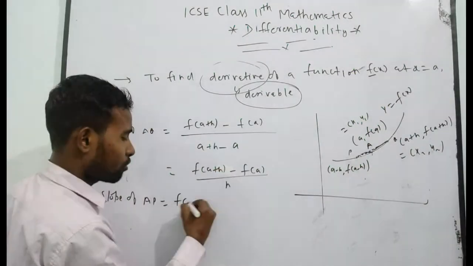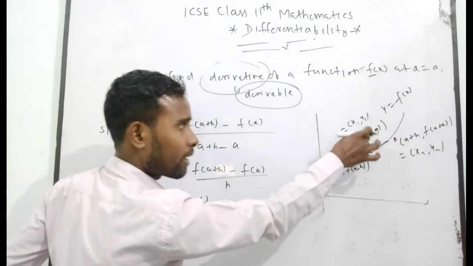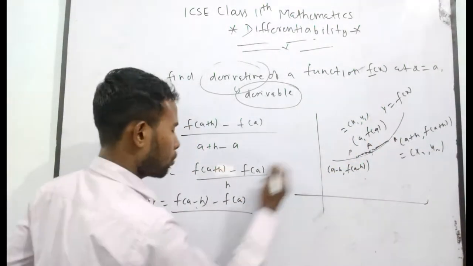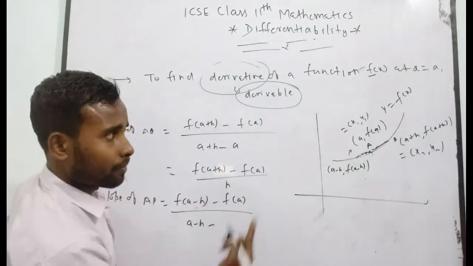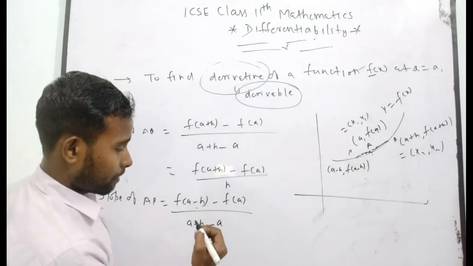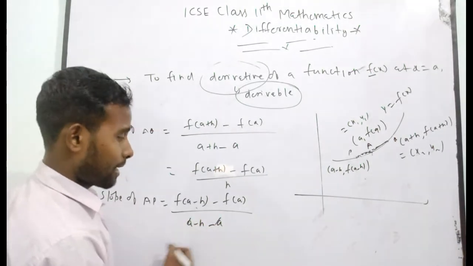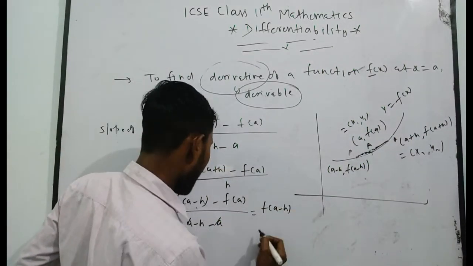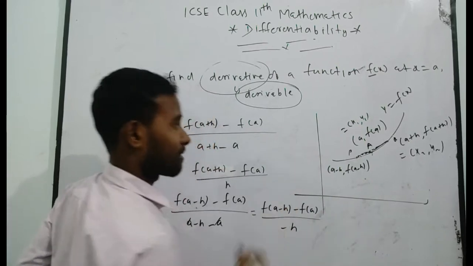In that case, y2 minus y1, that means f(a minus h) minus f(a), divided by x2 minus x1, a minus h minus a. If you cancel the term a, what do you get? You get f(a minus h) minus f(a) divided by minus h.